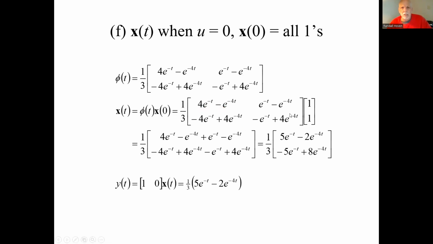It'll be this plus this. You do that, you get this. That simplifies a little bit. We're only interested in the output, so for another little matrix multiply, or just pull off the top. I don't know if they asked for that, but there it is.